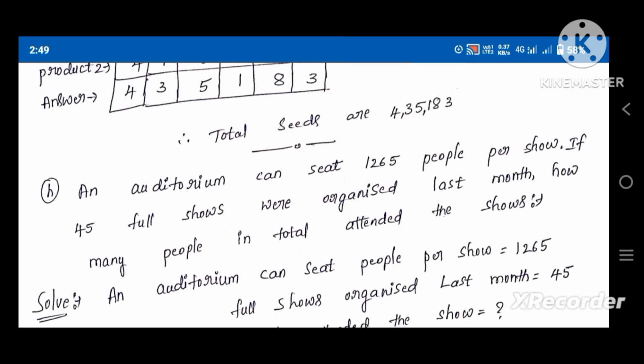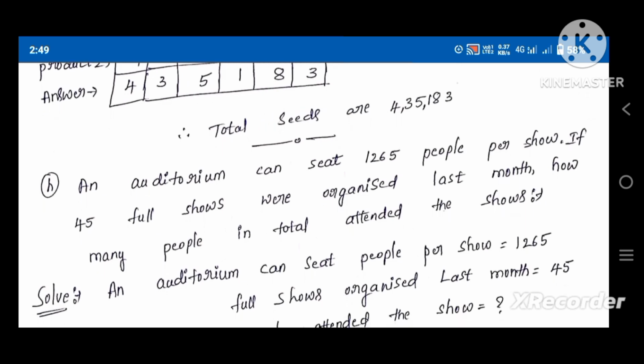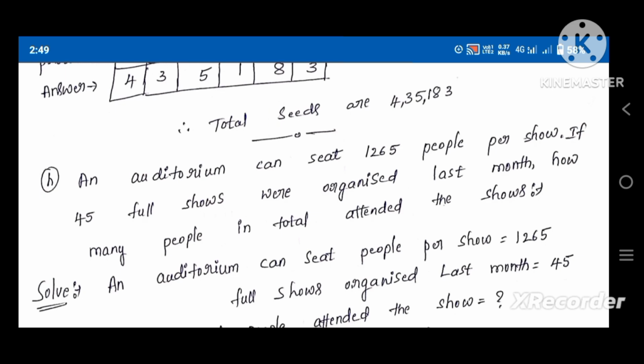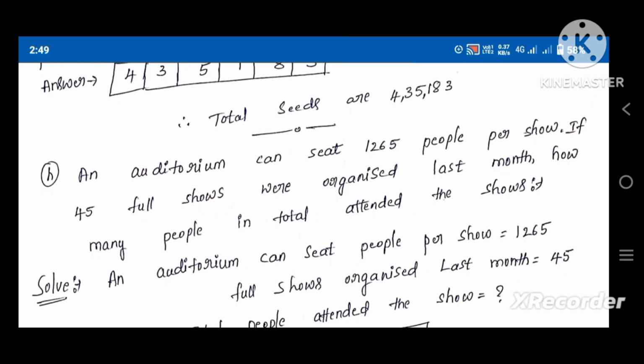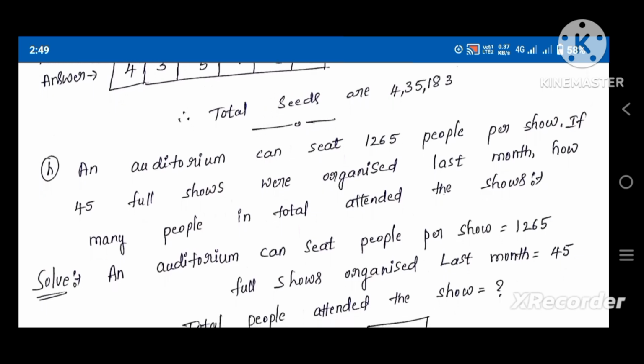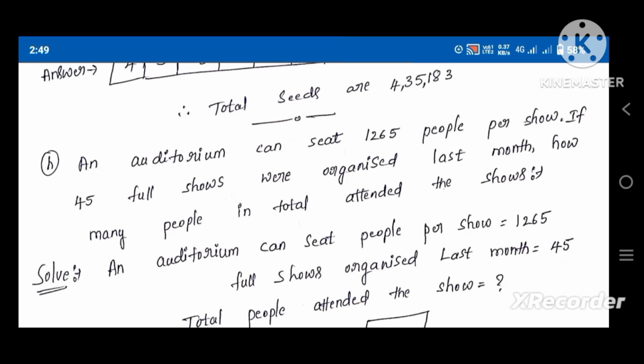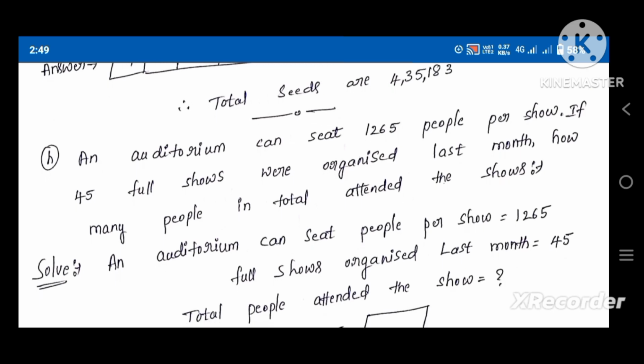Solve. An auditorium can seat people per show is equal to 1265. Full shows organized last month is equal to 45. Total people attended the show we find.